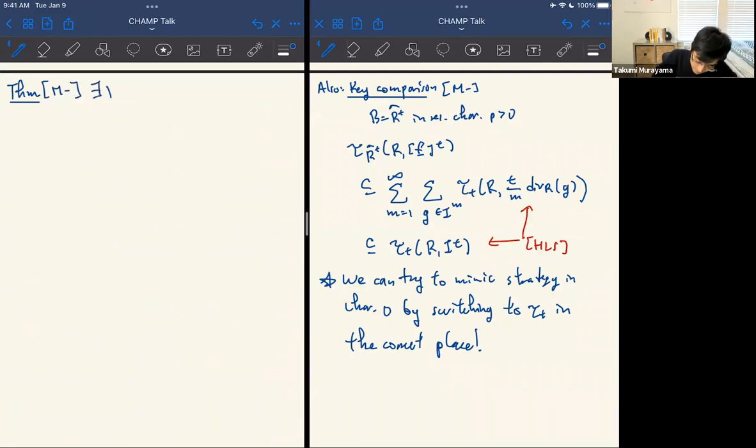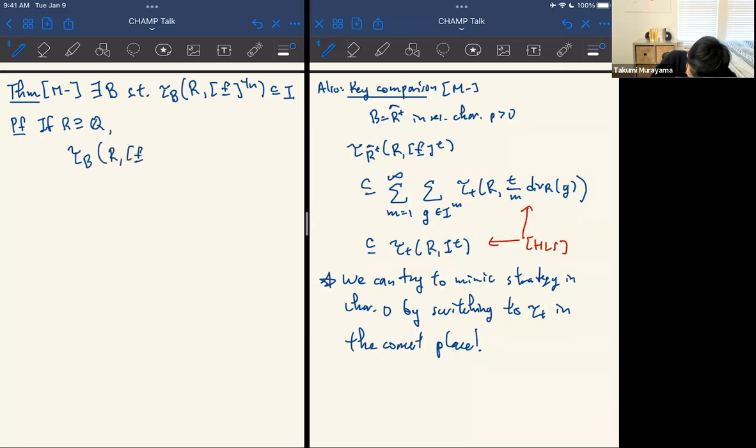So what did I prove? I proved that in the setting of the theorem, there exists some big Cohen-Macaulay R plus algebra B such that the test ideal of R, F to the 1 over n is contained in I. Proof: if R is of equal characteristic 0, we know that for any B, we have this inclusion.